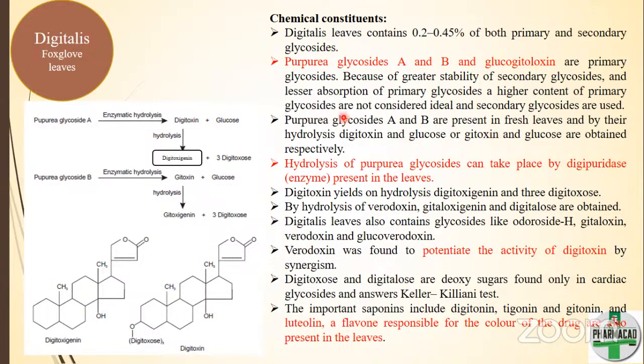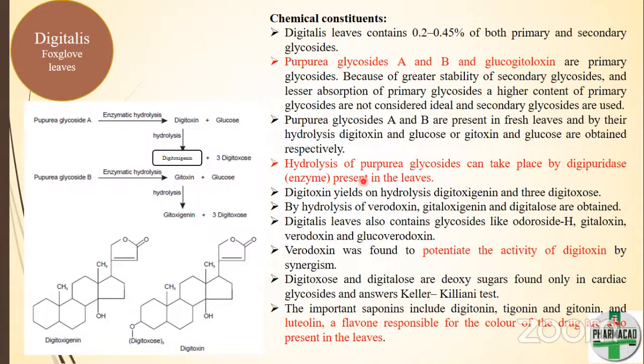Okay, so which are the secondary glycosides? Digitoxin and gitoxin. Okay, purpurea glycosides A and B are present in fresh leaves, and by their hydrolysis, digitoxin and glucose or gitoxin and glucose are obtained respectively. Hydrolysis of purpurea glycoside can take place by digipuridase enzyme present in the liver.